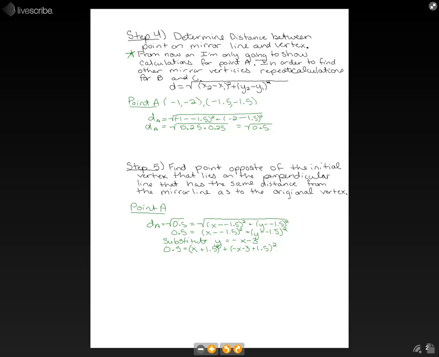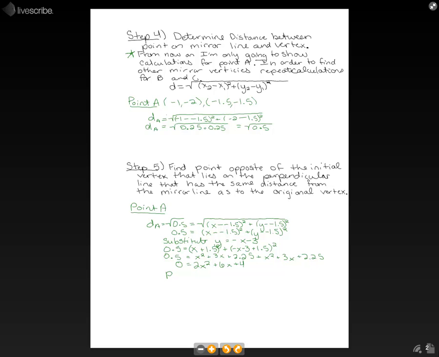So now we just need to expand all of this out. When we do that, we'll have 0.5 equals x squared plus 3x plus 2.25 plus x squared plus 3x plus 2.25. And whenever we combine like terms here, we're going to move this 0.5 over. We get 2x squared plus 6x plus 4.